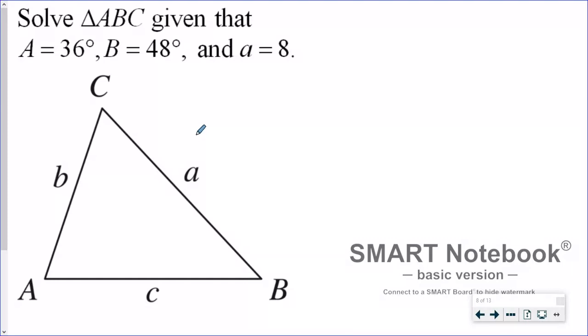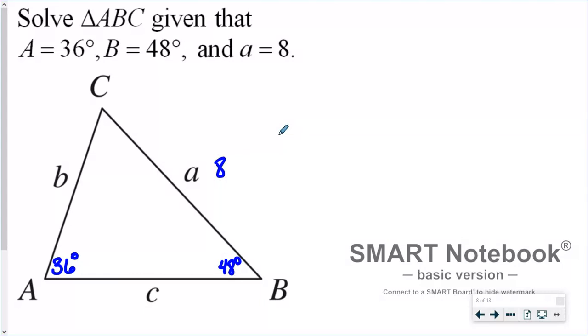So the Delta Math stuff will actually be a lot quicker than one problem that we do here. You would just have to find one piece. So angle A we know is 36 degrees, angle B we know is 48 degrees, and side A is 8. We don't know whether it's inches, feet, miles, doesn't matter, 8 units.